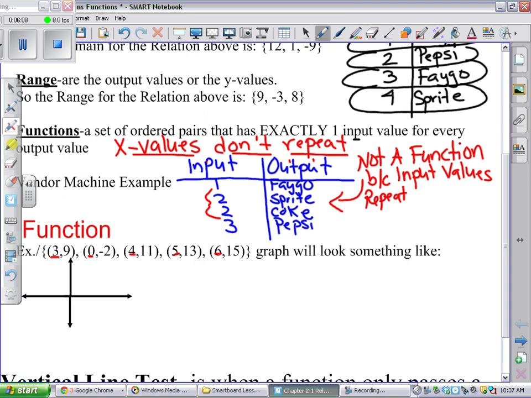So if I graph these points, let's say 3, 9, it's like right there, 0, -2, right there, 4, 11, right there, 5, 13, somewhere up here, and 6, somewhere up there, okay? So you're graphing just the points.